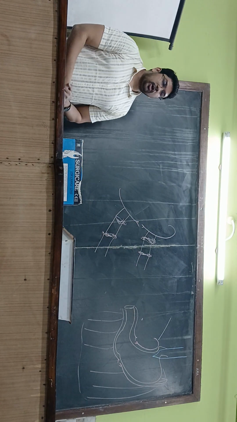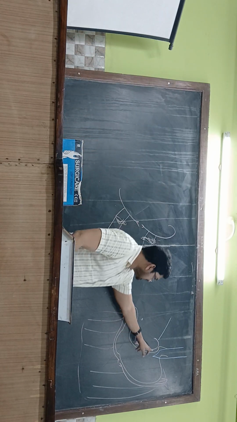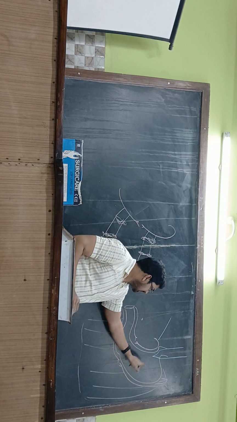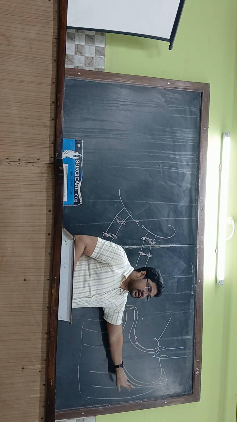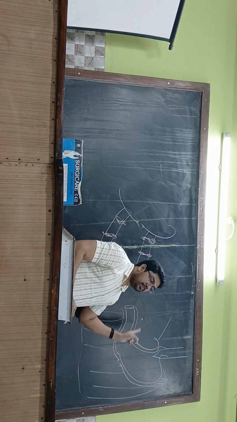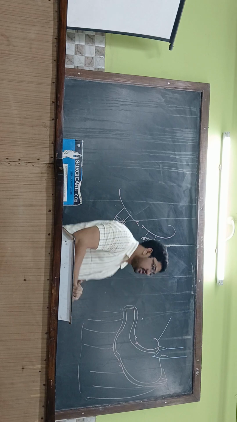See everybody, how the arterial supply occurs over here and why the gastric ulcers are common towards the lesser curvature of the stomach compared to the greater curvature. It is not like the gastric ulcers don't occur towards the greater curvature. There is a chance of occurrence in the greater curvature also, but most predominantly it occurs towards the lesser curvature of the stomach. What might be the reason?